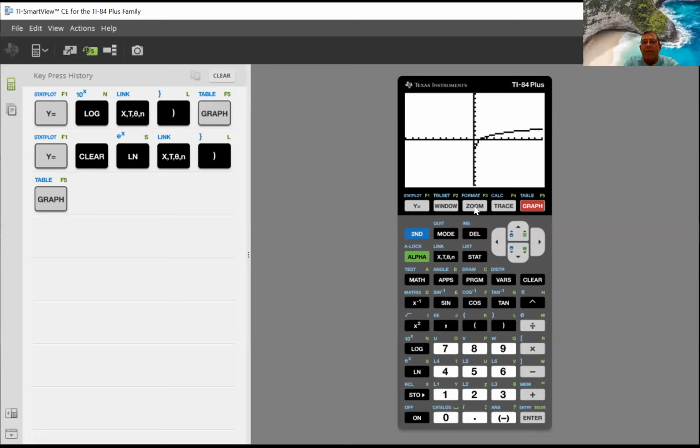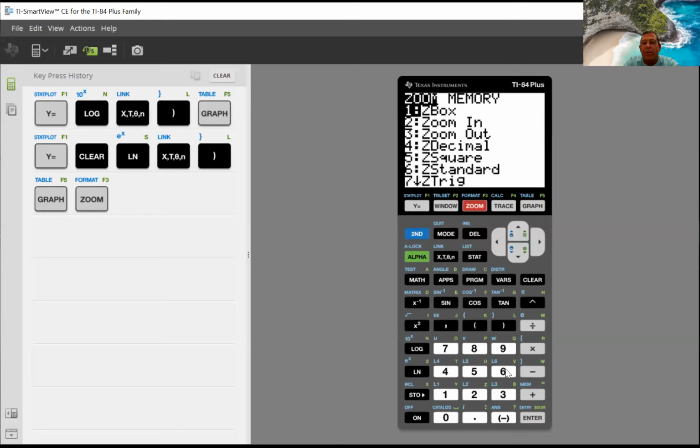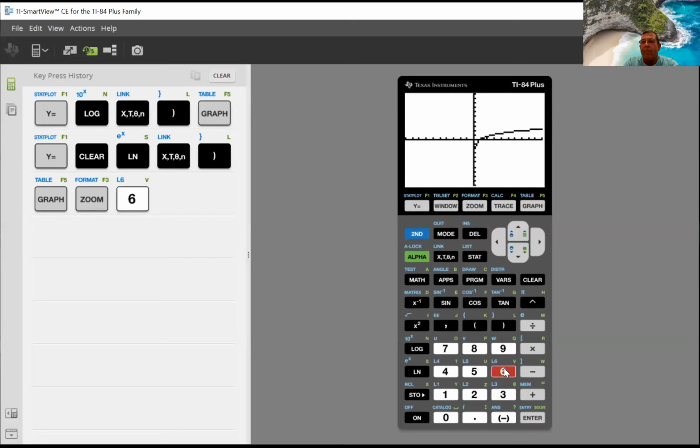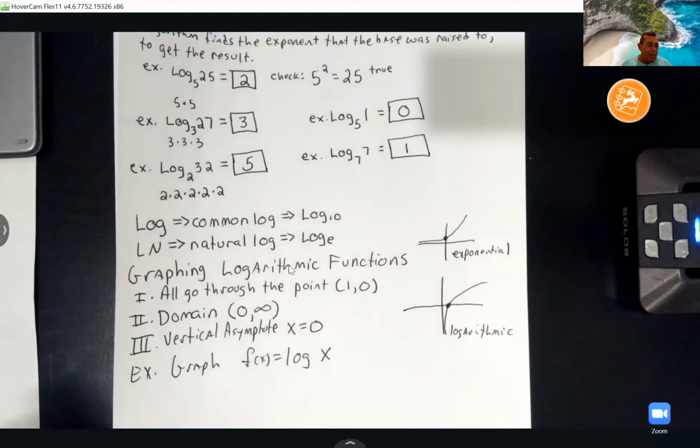So do this, do a zoom, and hit number 6 for zoom standard. Usually that'll fix your window. Okay, now it did. It fixed it. So your window's good. There we go. So those are the basic graphs of these. Usually I just plug them in my calculator and start rolling with them.